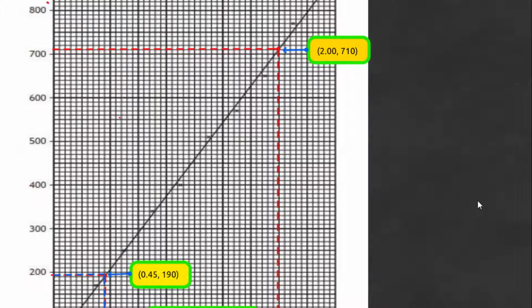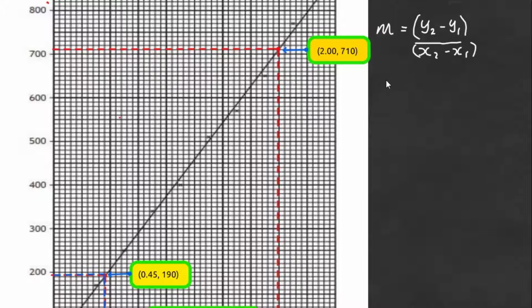Now all we need to do is find the gradient of the line between these 2 points. We know fine well that in our maths class, the gradient m is equal to the difference in the y coordinates, y2 minus y1, we'll put a bracket around that, divided by the difference in the x coordinates, x2 minus x1, as long as we keep the same order. So let's work this out. We'll call these the x2 and y2 coordinates, and these the x1 and y1 coordinates.